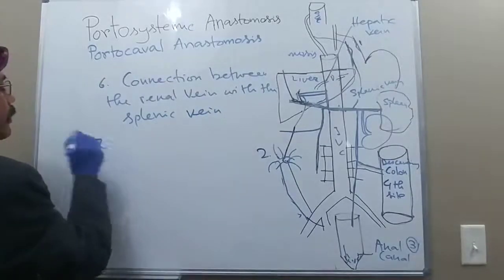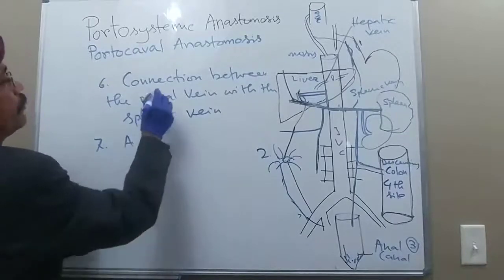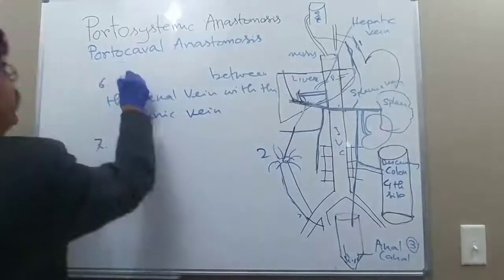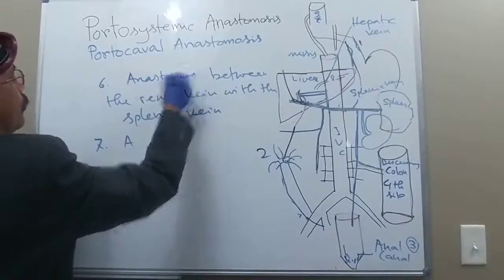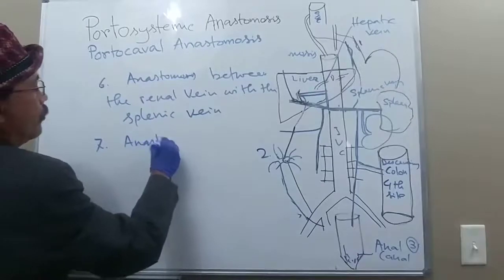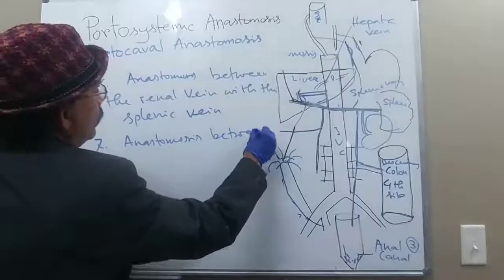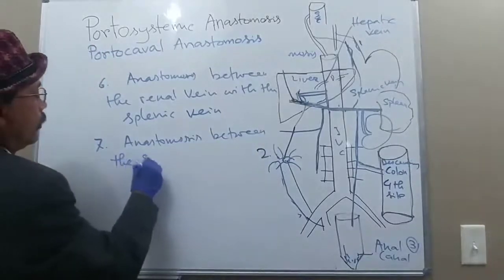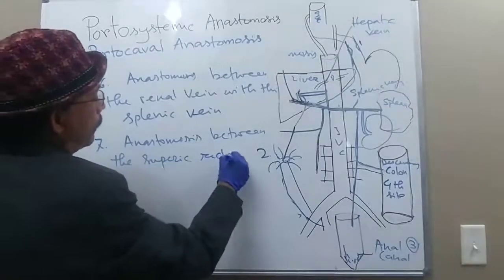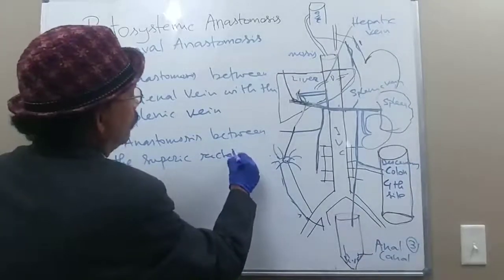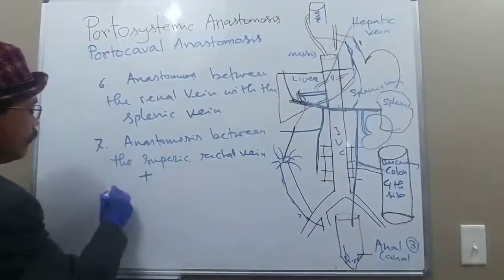Or the seventh site, the anastomosis. Connection means anastomosis, better to say anastomosis, between the superior rectal vein plus the vaginal vein.